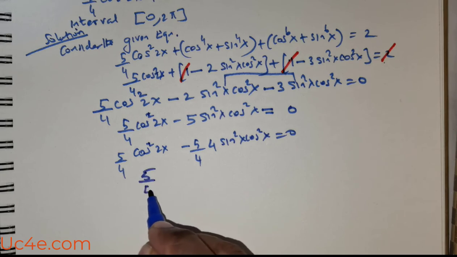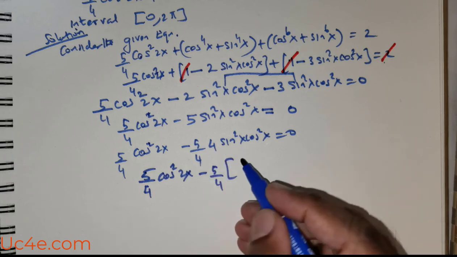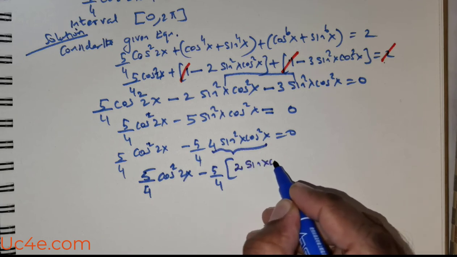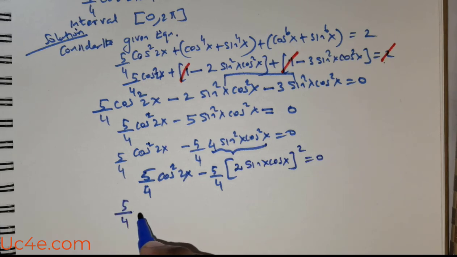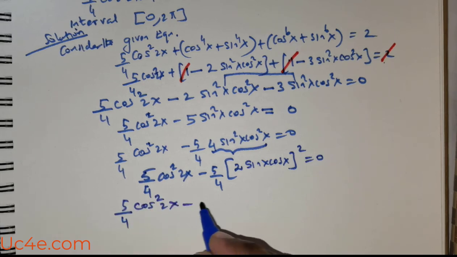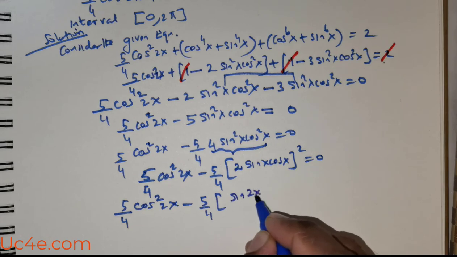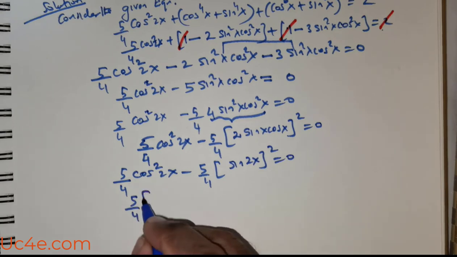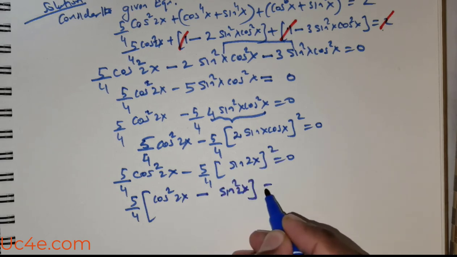Now this is rewritten as 5/4 cos²2x − 5/4. I'm going to write this 4 sin²x cos²x as (2 sin x cos x) raised to the power of 2 is equal to 0. This is rewritten as 5/4 cos²2x − 5/4, and 2 sin x cos x is going to be sin 2x, raised to the power of 2, is equal to 0. 5/4 is common, I can take it out, so I get cos²2x − sin²2x is equal to 0.